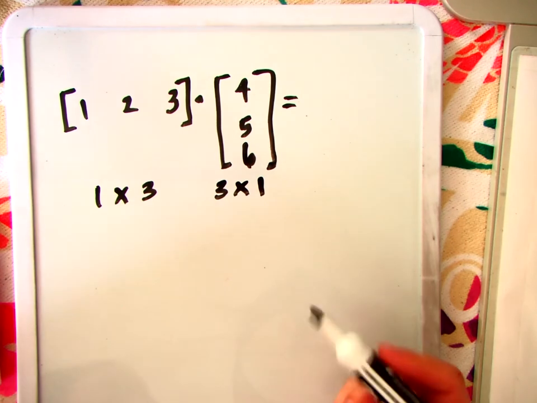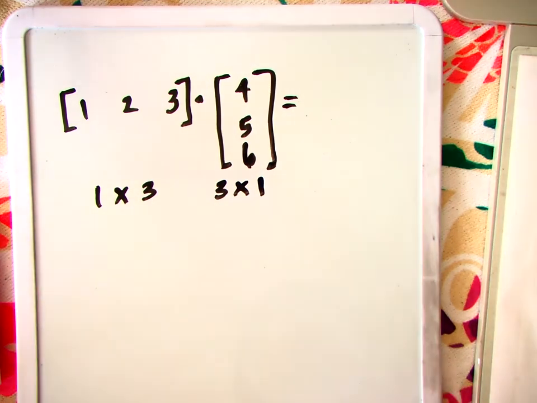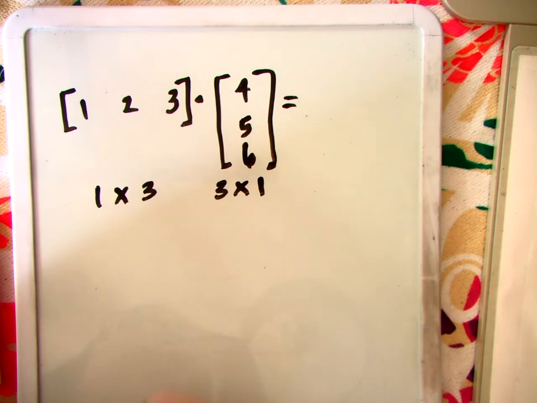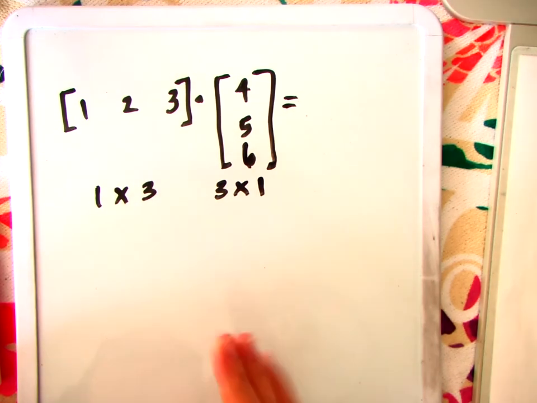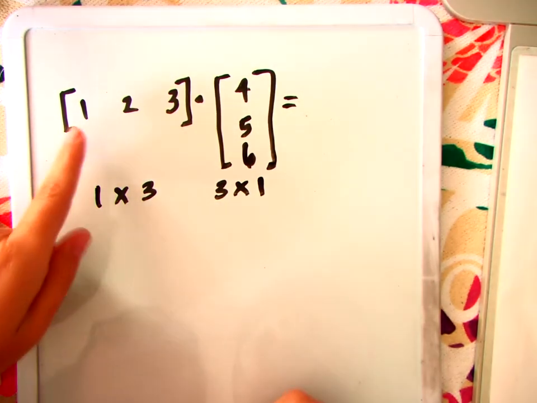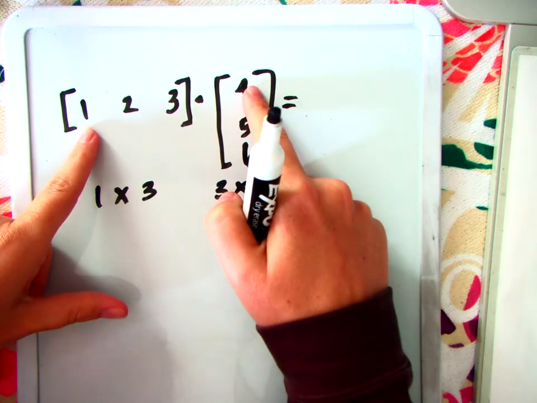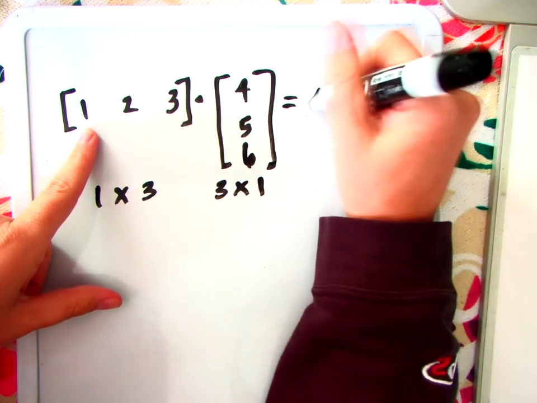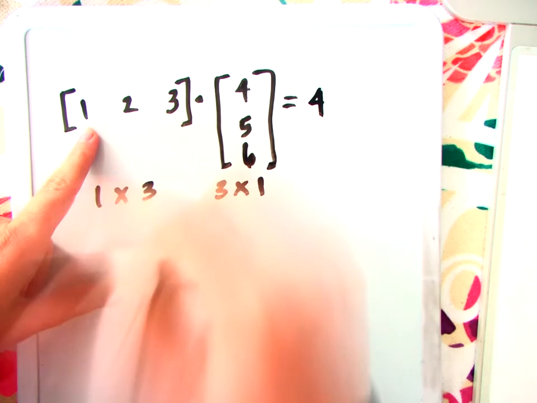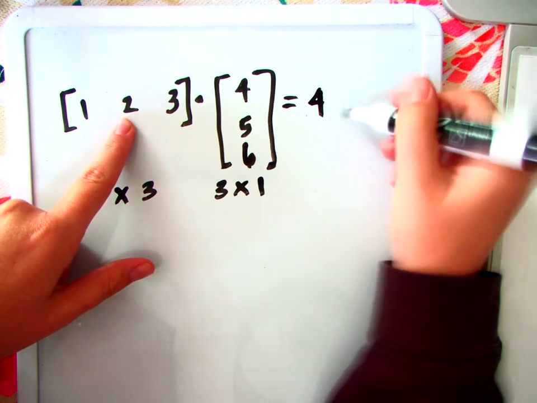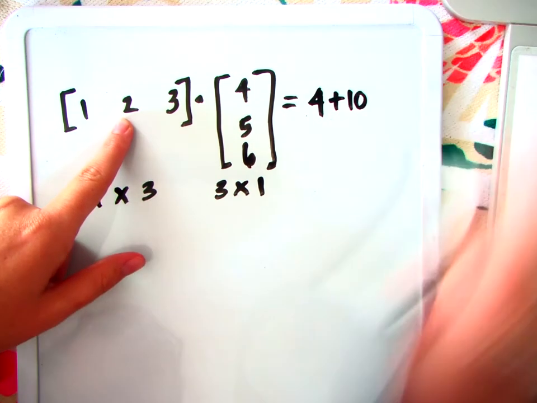When I multiply these, essentially, it's called an inner product. And here's how we find it. We take the numbers in the corresponding entries and we multiply them together. So like first entry, right? We multiply those together. 1 times 4 is 4. And I'm going to do that for the second entries. 2 times 5 is 10. But what do I do with that 10? I add it to the previous product.